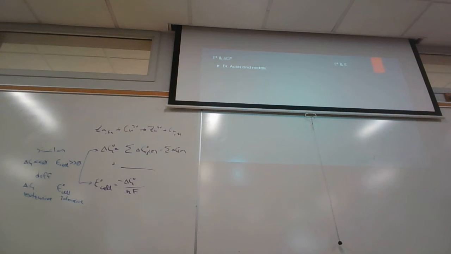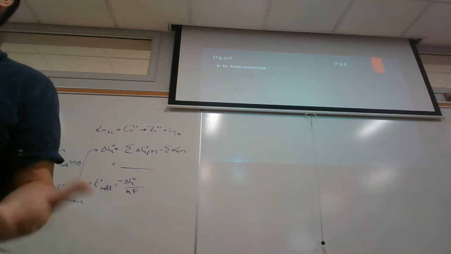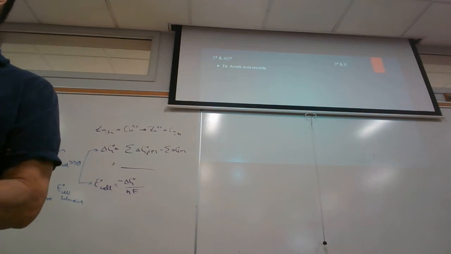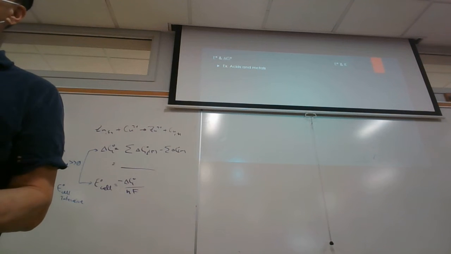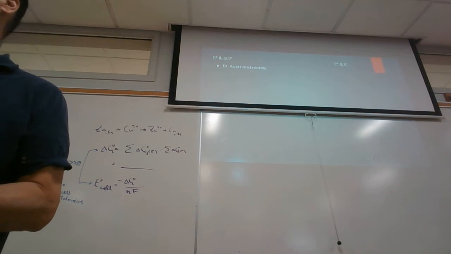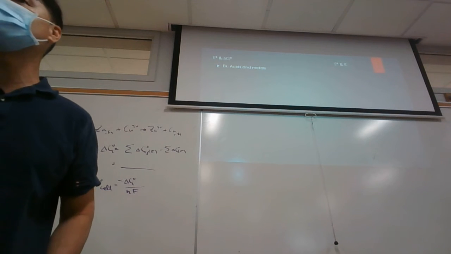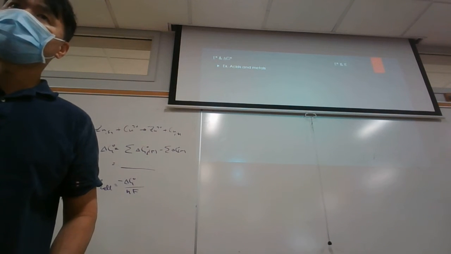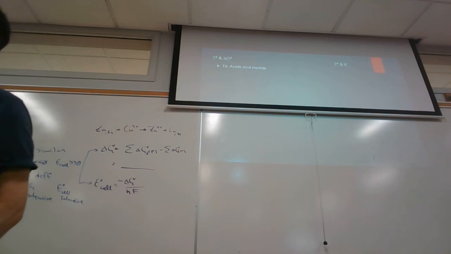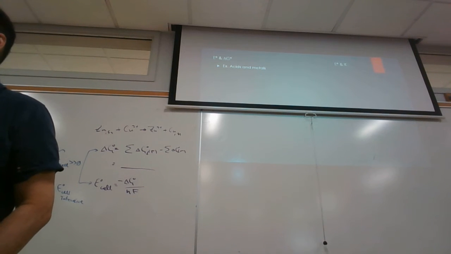So the amount of energy or work that you can do depends on how much methane you combust. If you combust 2 moles of methane versus 1 mole, you'll get twice as much energy. 3 moles of methane, you'll get 3 times as much energy. But will we get 3 times as much voltage?